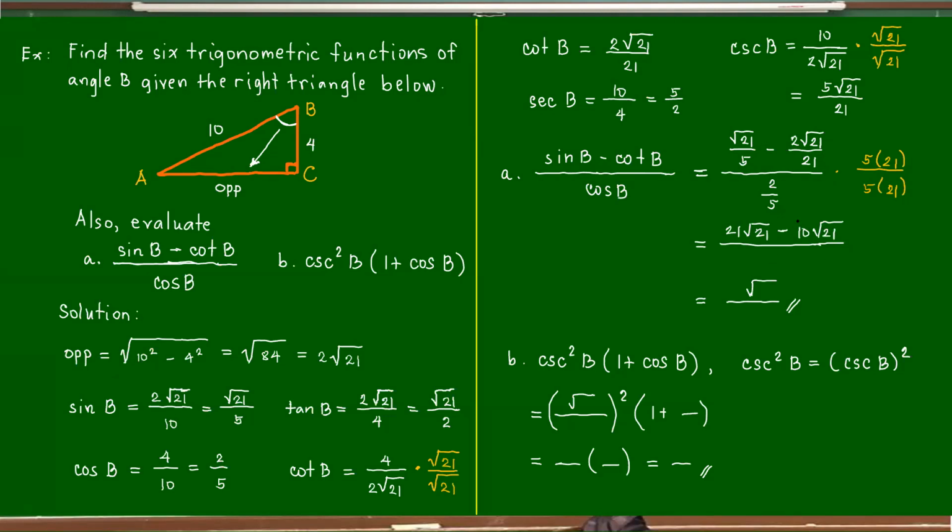In the denominator, 5 is cancelled, so 2 times 21, giving 42. Okay? So the numerator contains two similar radicals. 21 square root of 21 minus 10 square root of 21, that is 11 square root of 21. Then copy the denominator, 42. So that's the value of such expression, knowing this information about this triangle.